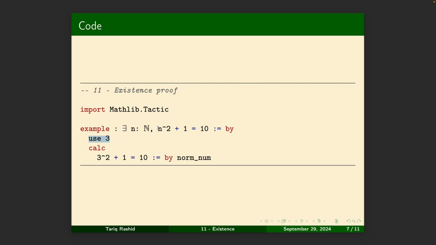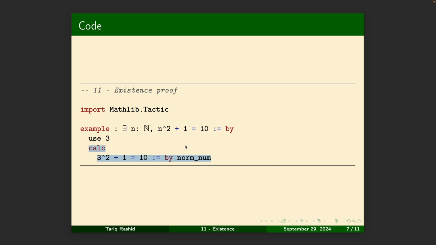That will transform the goal, which we'll see in the Infoview in a minute, from n squared plus 1 is 10 to 3 squared plus 1 is 10. So we're going to do that by calculation. We're going to say 3 squared plus 1, and we have to prove that's 10, and that's easy by arithmetic, so it's almost trivial. So this is a very easy calc section. We'll see that we can actually shorten it in a minute.